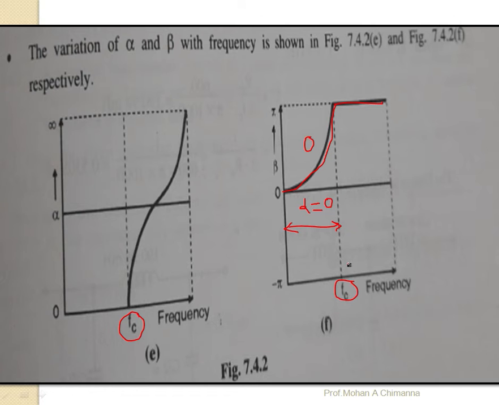After the cutoff frequency, the phase will be 180 degrees. In the case of the attenuation factor, after the cutoff frequency the attenuation increases up to infinity, and below the cutoff frequency the value of alpha is equal to 0.